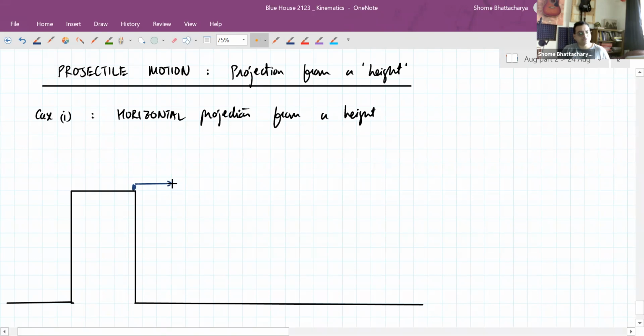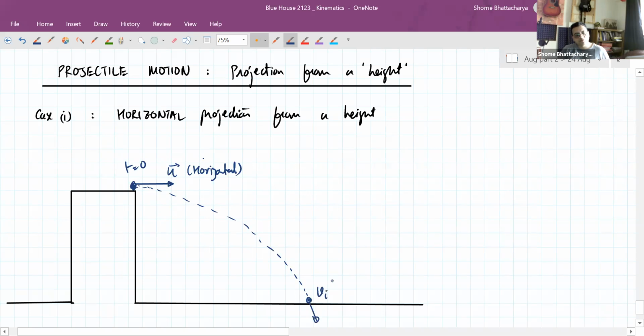It is projected or it is thrown with a horizontal velocity at t equal to 0. Some object is thrown here. So what will happen is it will have this kind of a path as it falls. Because of gravity acting on it, it will curve and eventually it will hit the ground.